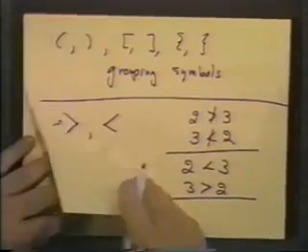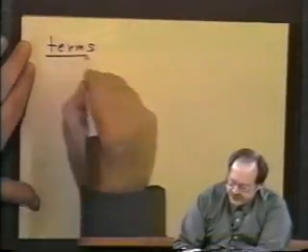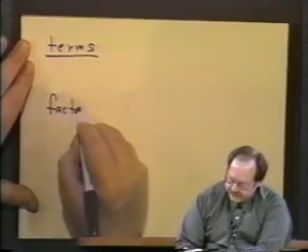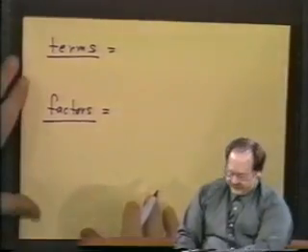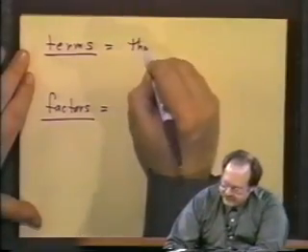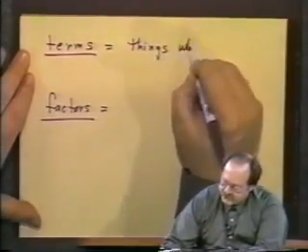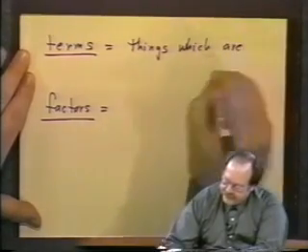All right, let me give you a couple of words of mathematics that we use a lot and tend to be sloppy about, at least students seem to be sloppy about. Terms and factors. These are very simple ideas. Terms are things which are added.